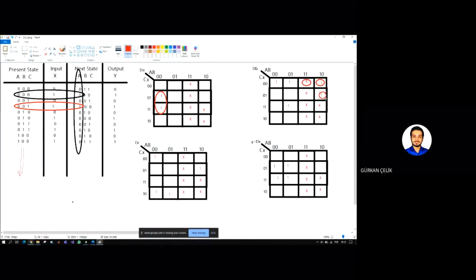It's possible. And you can use a circle with all four, like this. And also, if you want, you can create like this and this. If you want, you can create like this also. It's also possible.